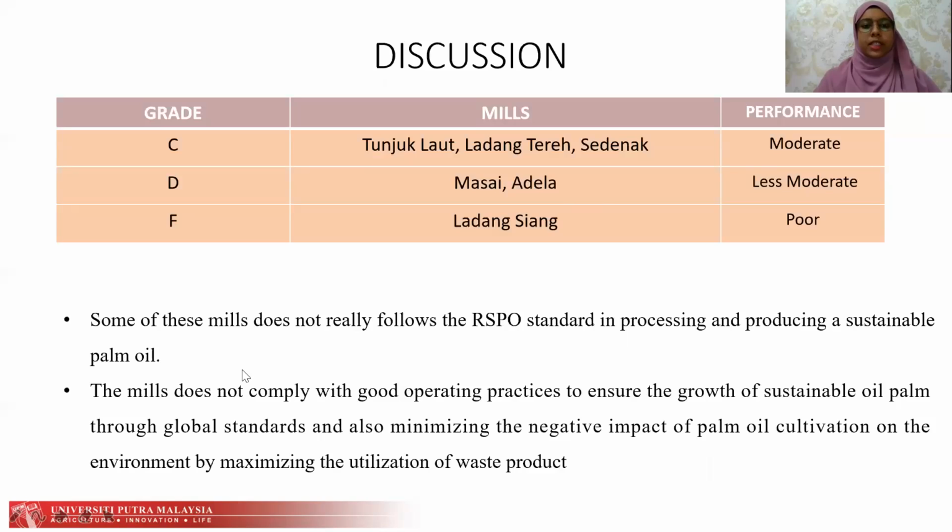Some of these mills do not really follow the RSPO standard in processing and producing sustainable palm oil, and the mills do not comply with good operating practices to ensure the growth of sustainable oil palm through global standards, and also minimizing the negative impact of palm oil cultivation on the environment by maximizing the utilization of waste products.